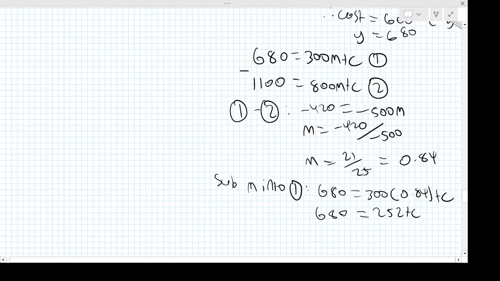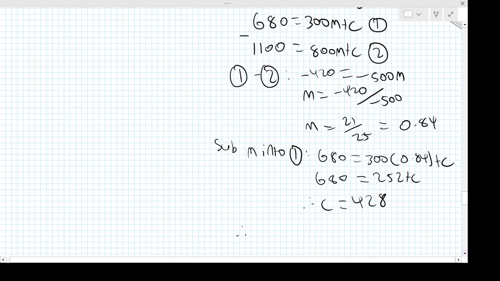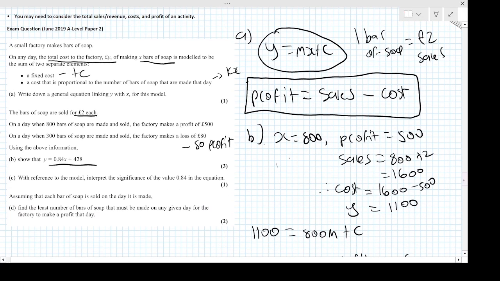Therefore c is 680 take away 252, and that'd be 428. Cool. Therefore, our equation is y equals mx plus c, so it's y equals 0.84x plus 428. And there we are, we've got the equation I wanted.